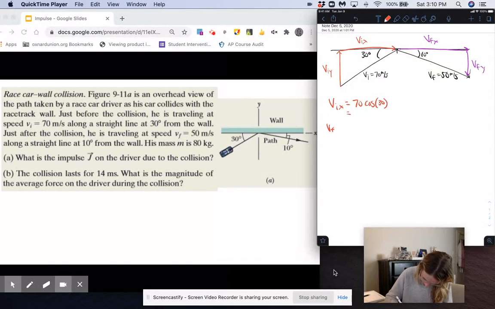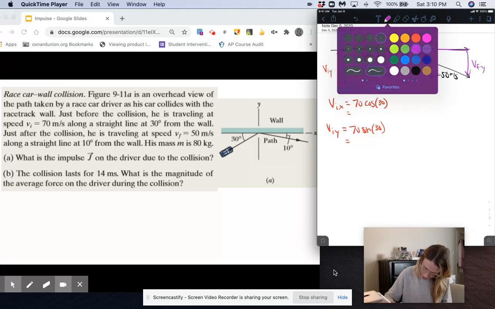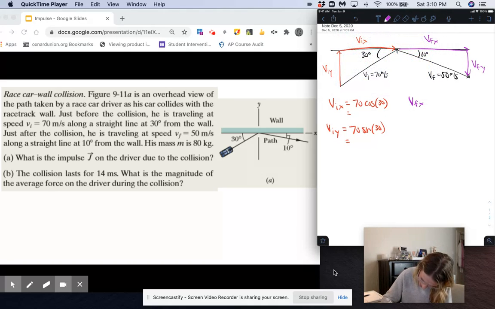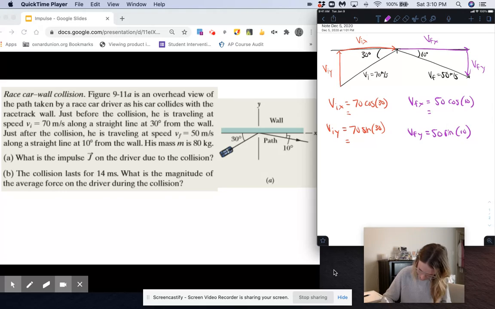Initial velocity in the y direction is going to be 70 times the sine of 30. Our final velocity in the x direction will be 50 times the cosine of 10, and final velocity in the y direction will be 50 times the sine of 10.